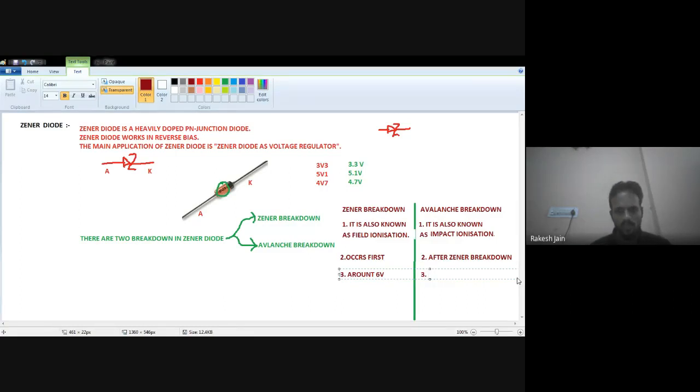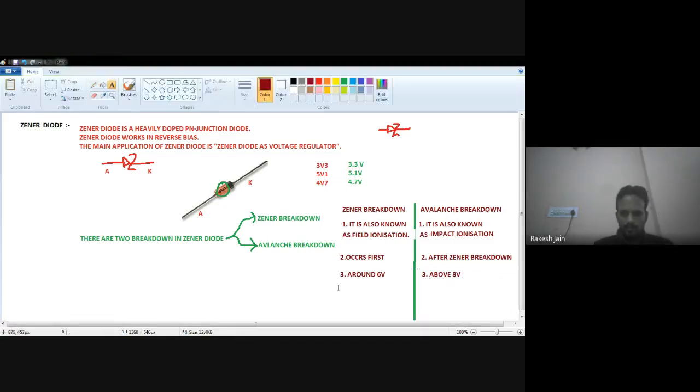So around 6 volts in reverse bias, the Zener diode will have a Zener breakdown, and above and near 8 volts, the Avalanche breakdown will occur.